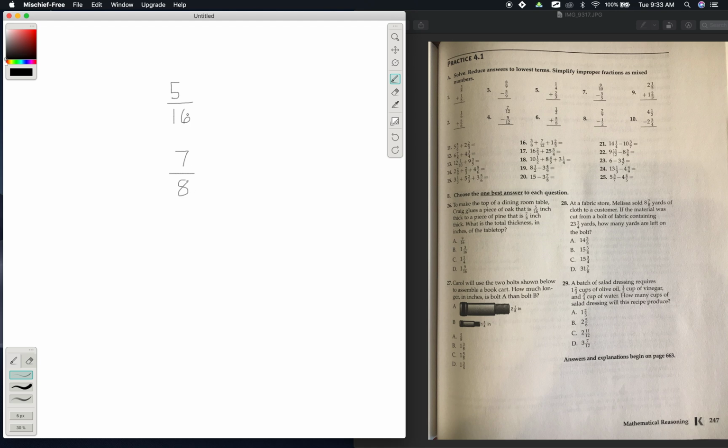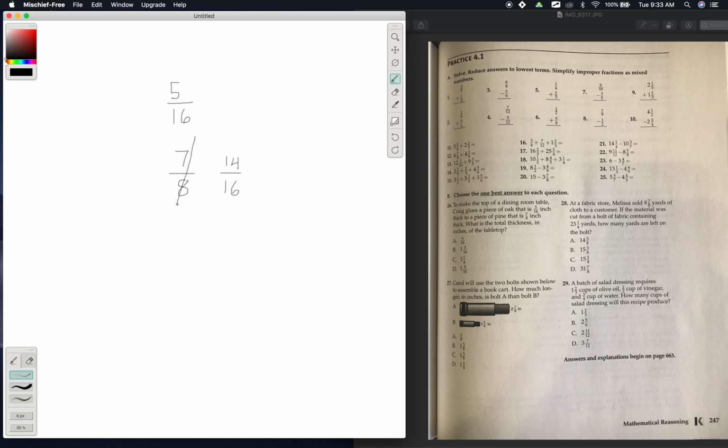Can this number go into this number? Yes, it goes in there 2 times, because 2 times 8 is 16. So we can keep this the same. This we need to change to 16. Since we had to times the 8 by 2, we also have to times the 7 by 2. So 2 times 7 is 14.